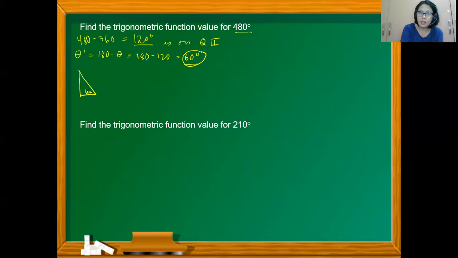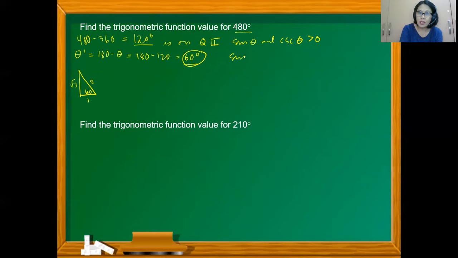So this is 60. This is 1, 2, and then this is square root of 3. Now, since the terminal side is on quadrant 2, we're expecting that sine theta and cosecant theta are greater than 0. The rest are less than 0. Okay?